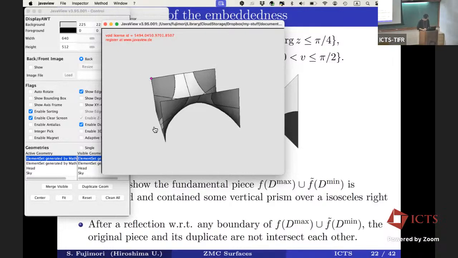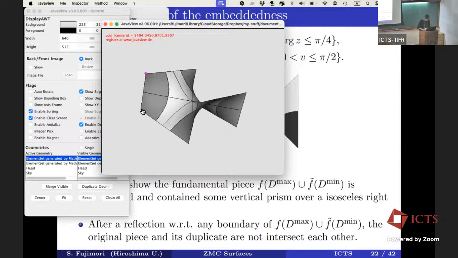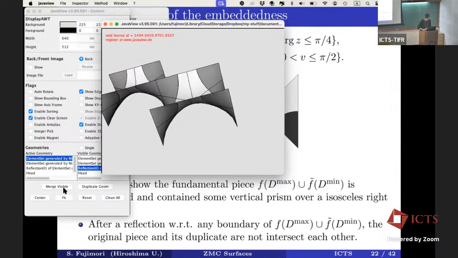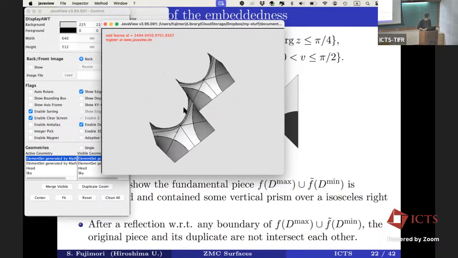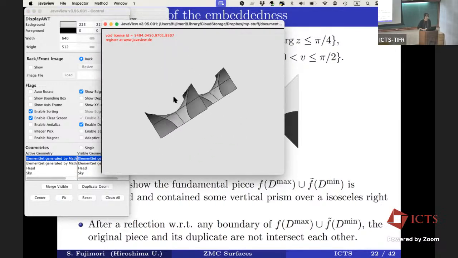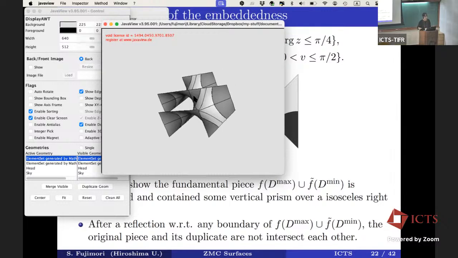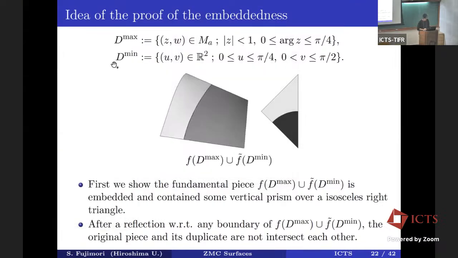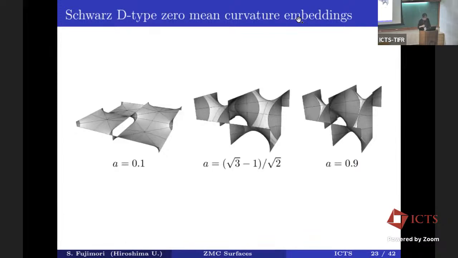After making reflection infinitely many times, we have the Schwarz D surface, which is a topologically compact genus 3 surface, and has the same symmetry as the minimal Schwarz D surface in R3. So we have a one-parameter family of embedded periodic zero mean curvature surfaces.